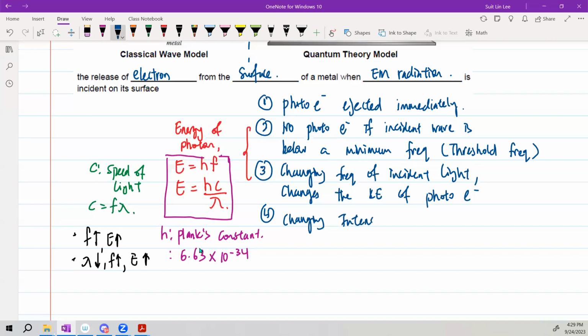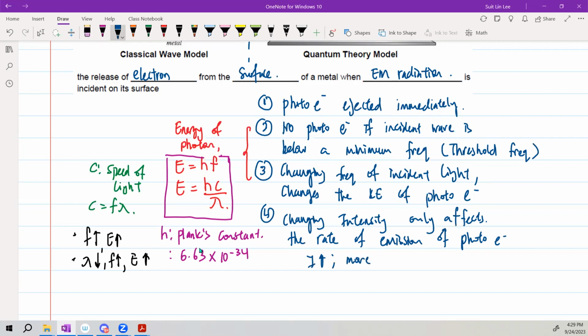Changing intensity only affects the rate of emission of photoelectrons. So basically, what I'm trying to say is, if the intensity increases, there are more photoelectrons per unit time.